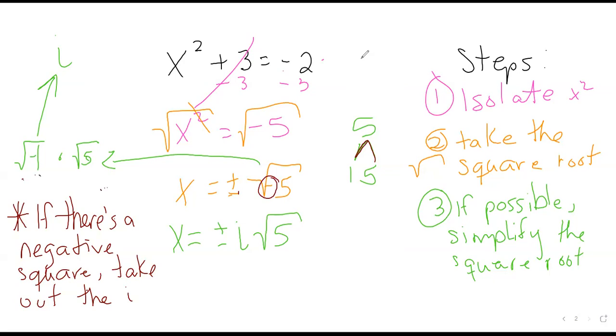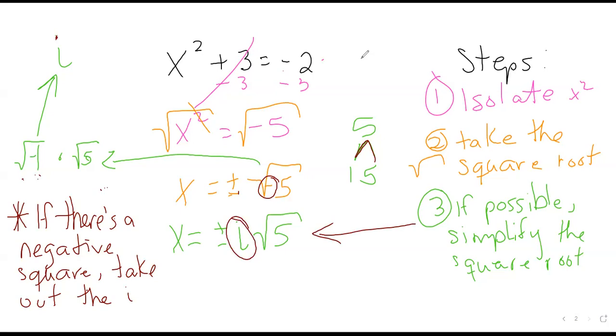And the square root of -1 is also known as i. Okay? So when I do my step 3, the only thing I can take out is that negative, and I have to put that i outside and then leave everything else inside positive.